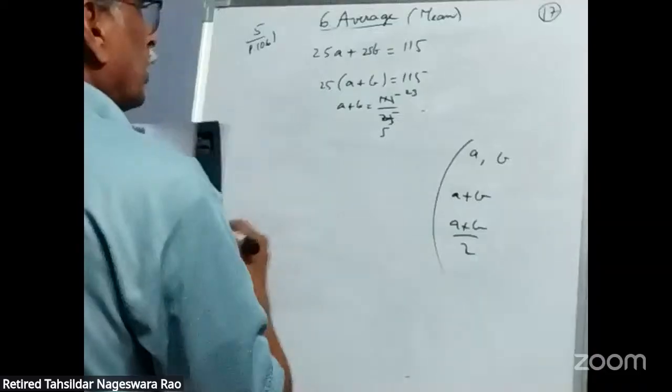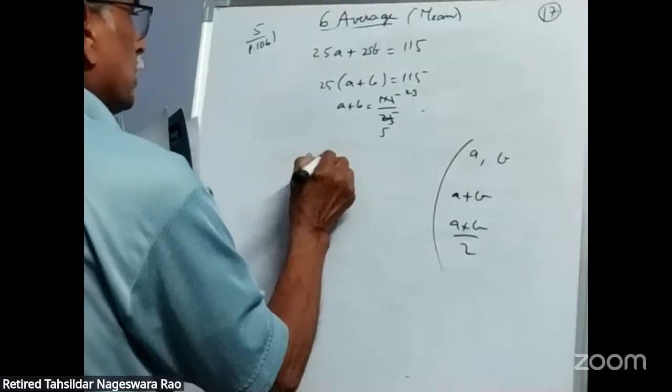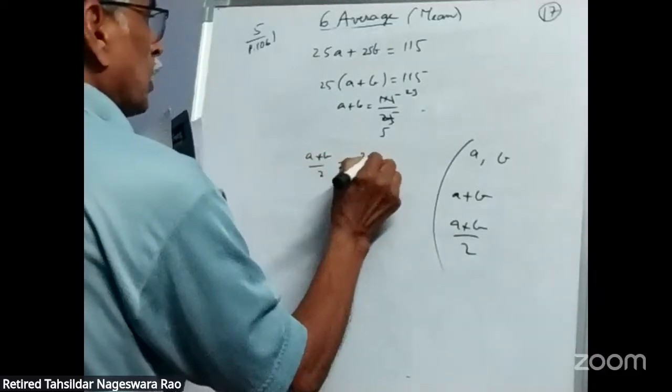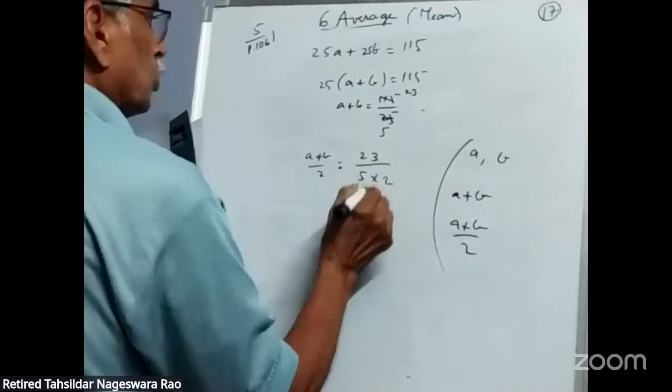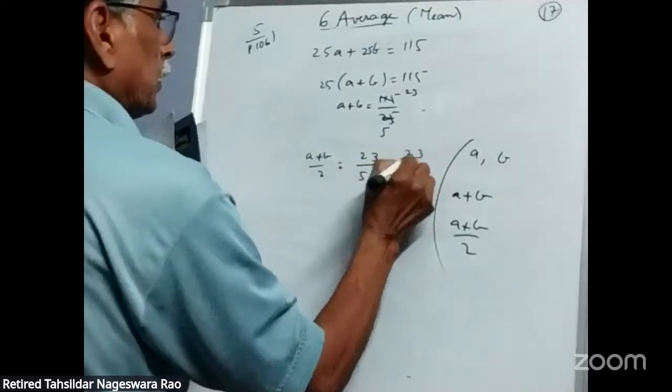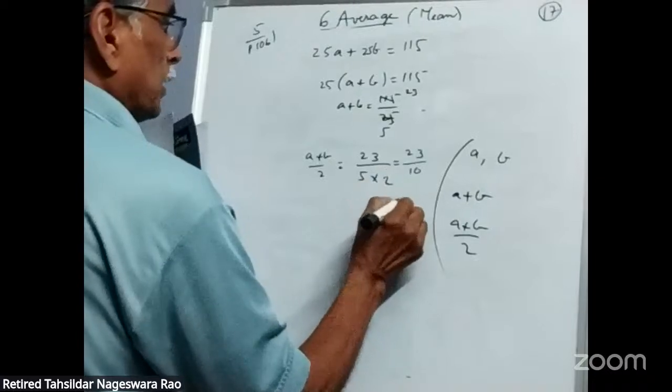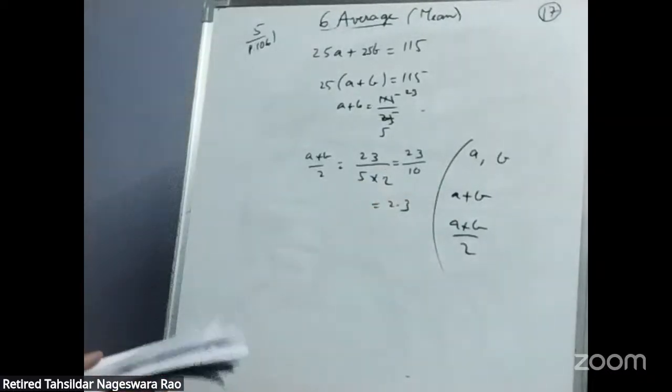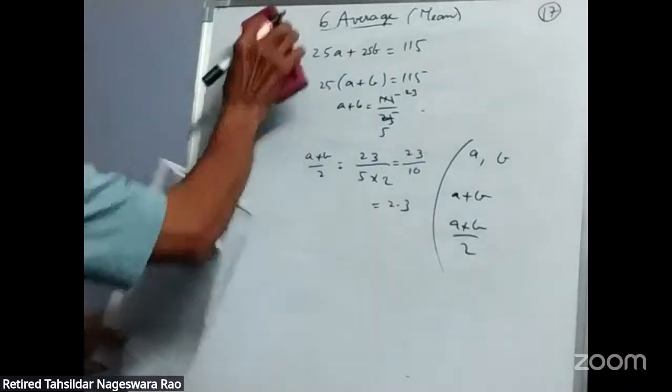A plus B by 2 is what we want; A plus B by 2 is the average. So 23 by 5 into 2, that is 23 by 10, which is 2.3. The average of A and B will be 2.3. That's all. Next question, 6.